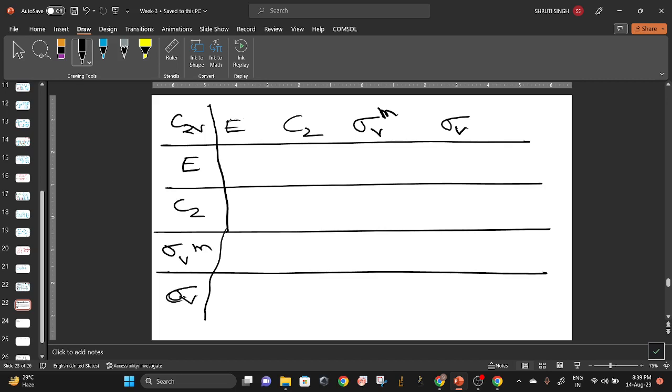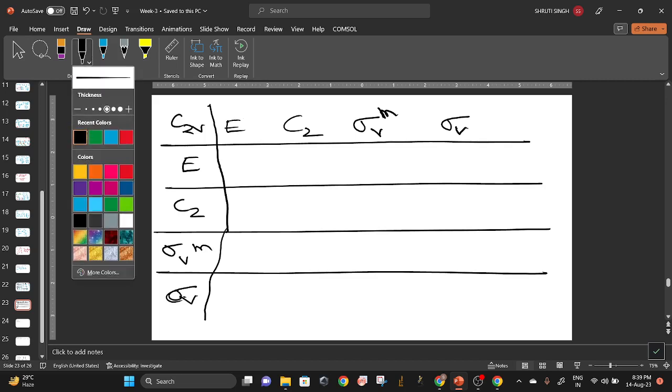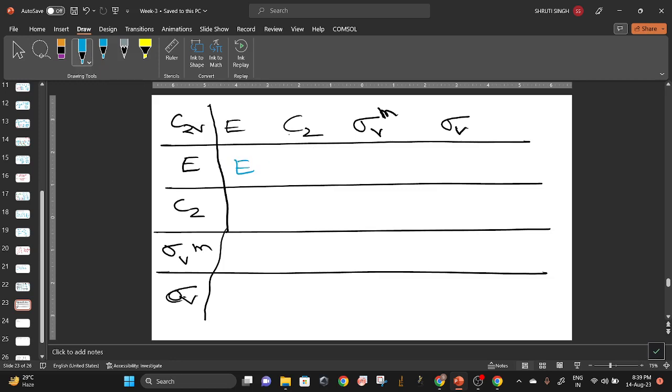Okay, now E dot E will be E, C2 dot E will be C2, molecular plane dot E will be molecular plane, sigma v dot E will be sigma v. Now E dot C2 is C2, E dot sigma v is sigma v.